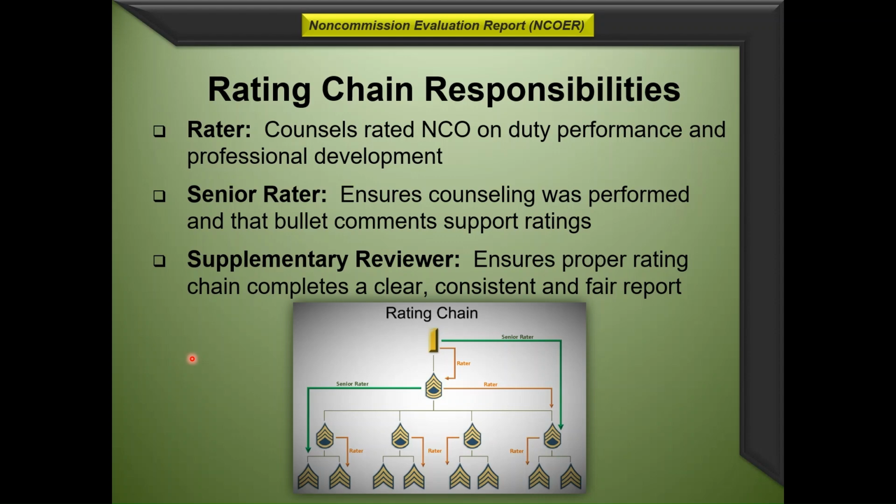But if the senior rater is a captain or above, they do not have that requirement. So just understand that is when you would need a supplementary reviewer. Biggest takeaway: if there's not a captain already listed between the rater or senior rater, then a supplementary reviewer is required.